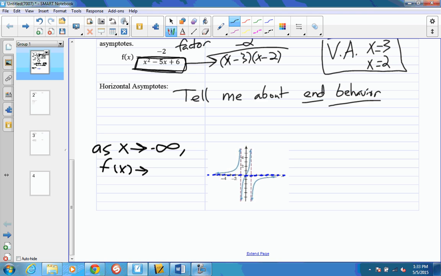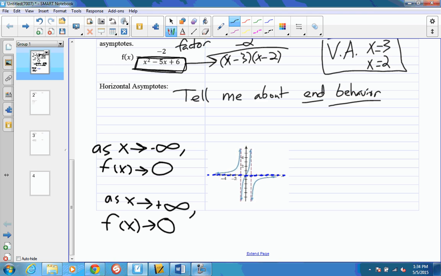We used to say, oh, it's going down, so it's going towards negative infinity. This is going down, but it's not going to go past 0. So f of x approaches 0. All right, so then as x approaches positive infinity, f of x, or y, approaches what? Also 0, right? Again, I'm not going to ask you to do set notation like that, but this is what horizontal asymptotes are going to tell me about.